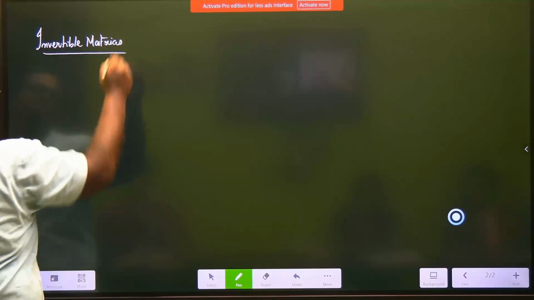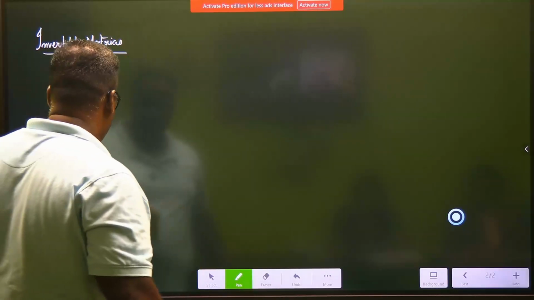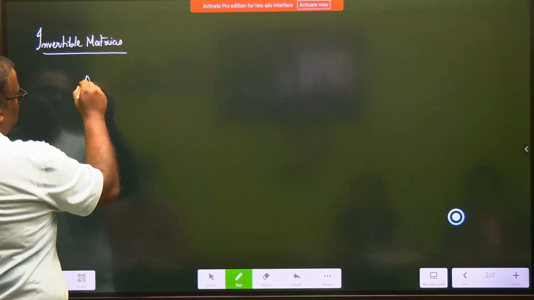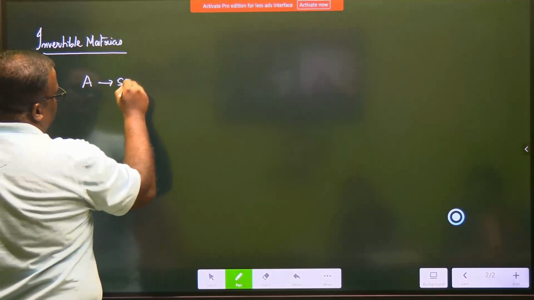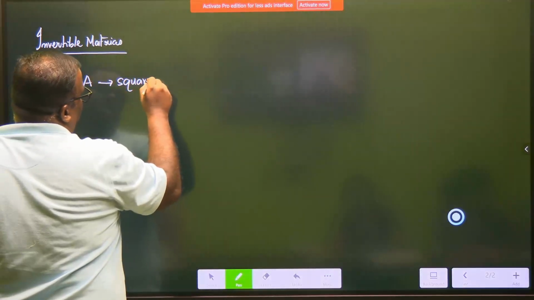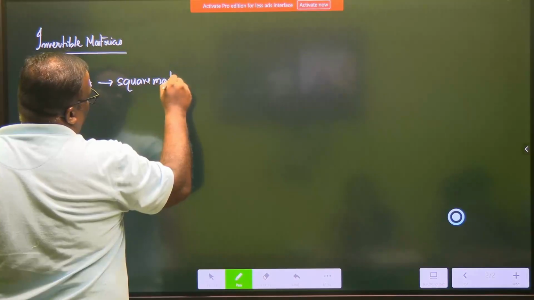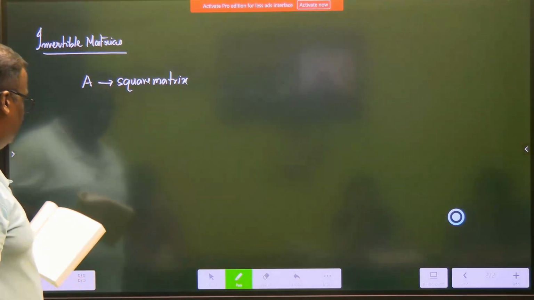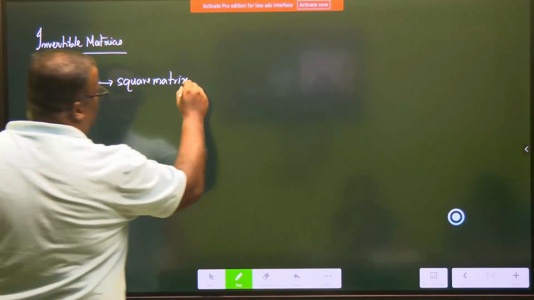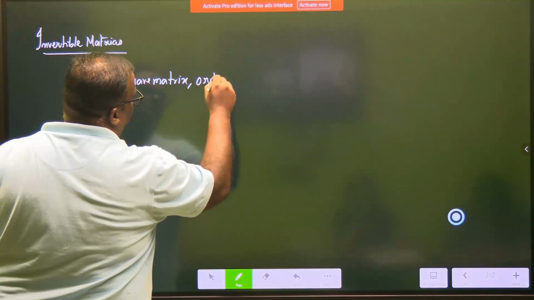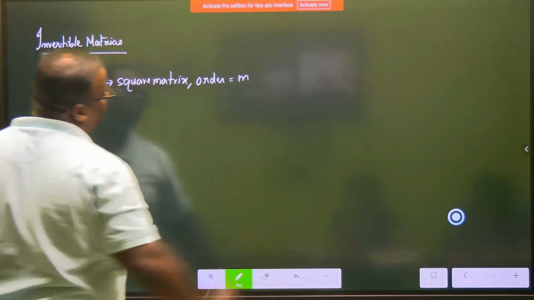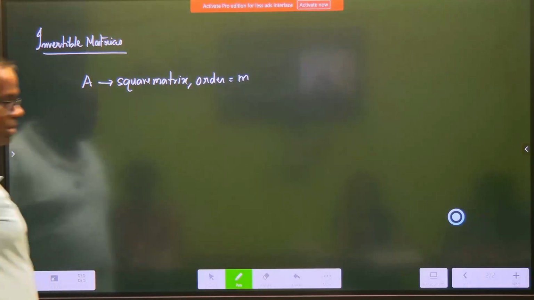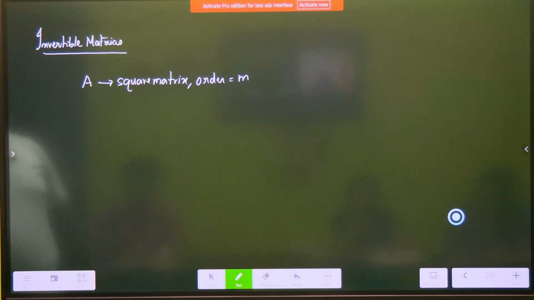What does invertible matrix mean? So it defines very nicely. If A is a square matrix, children, this section of the chapter deals only with square matrices. It cannot be any other matrix. Suppose its order is m.